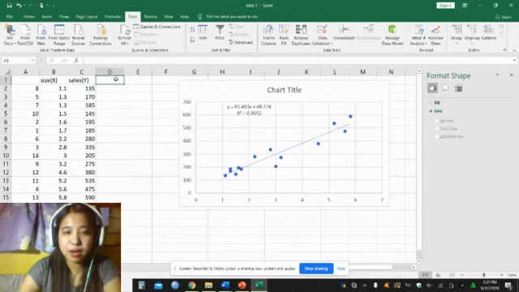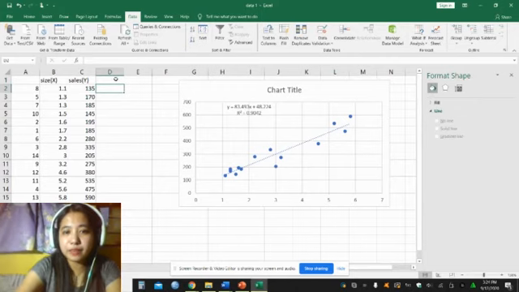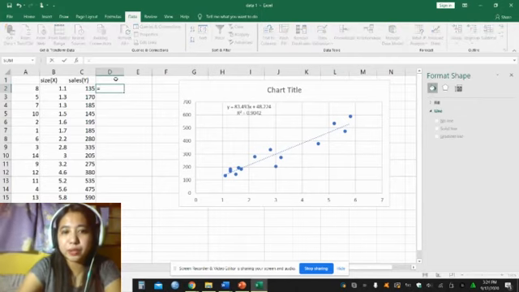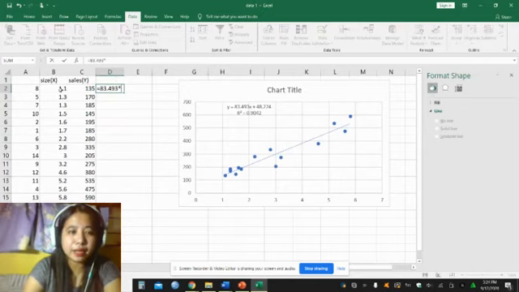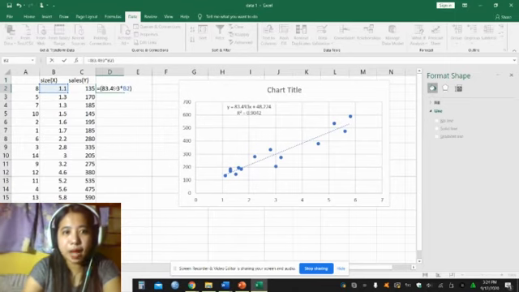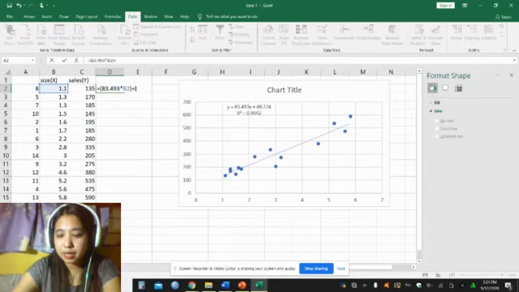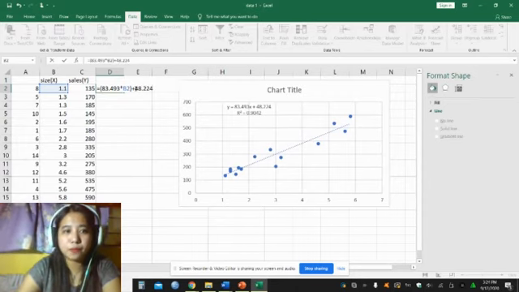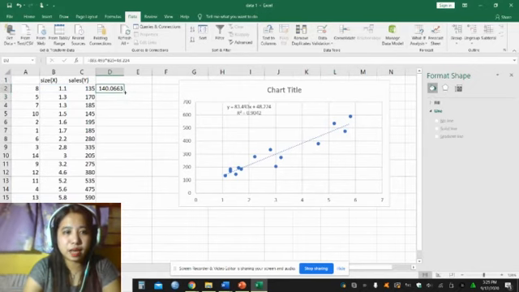What is the predicted value for this? We are going to use the formula: 83.493 multiplied by the size, plus the coefficient 48.224. This gives the relevant range of y.